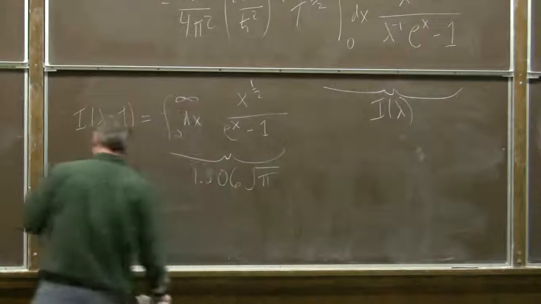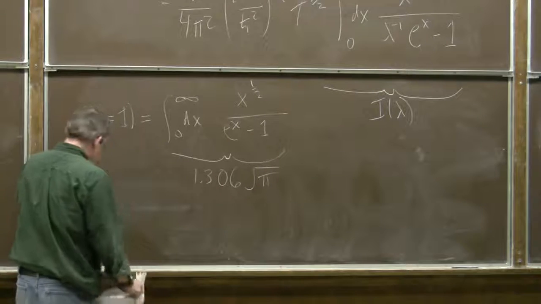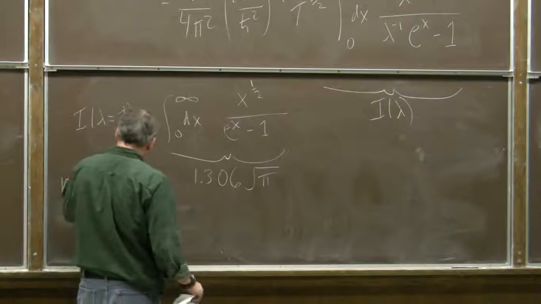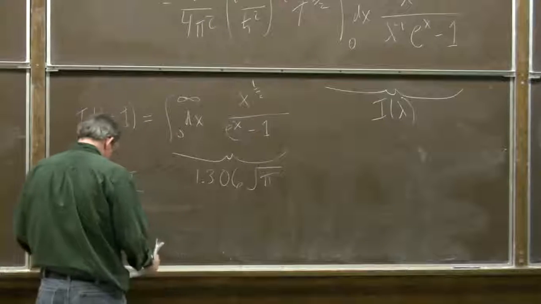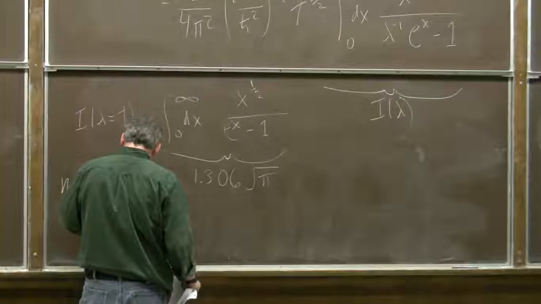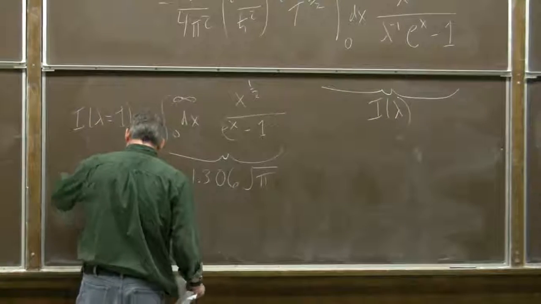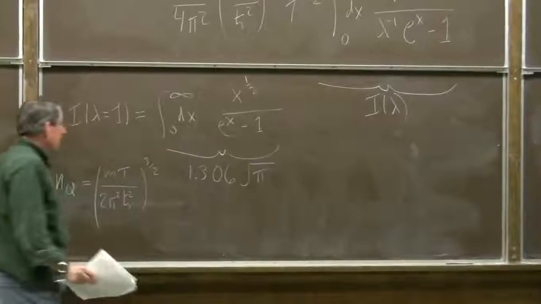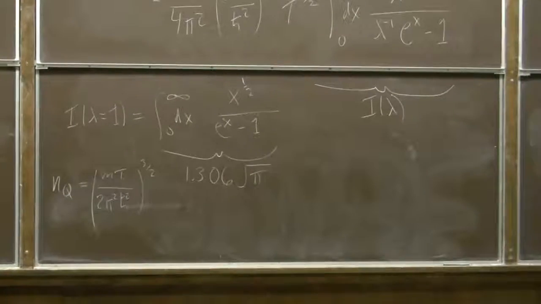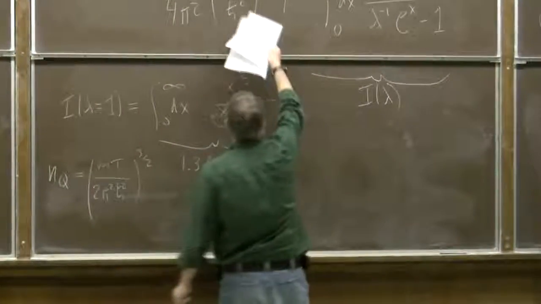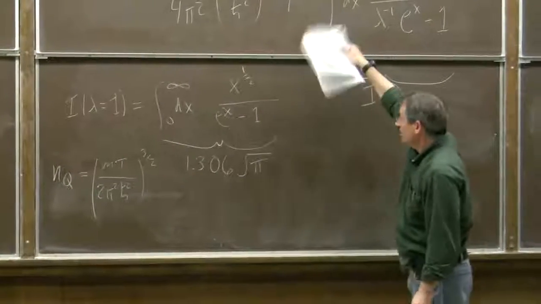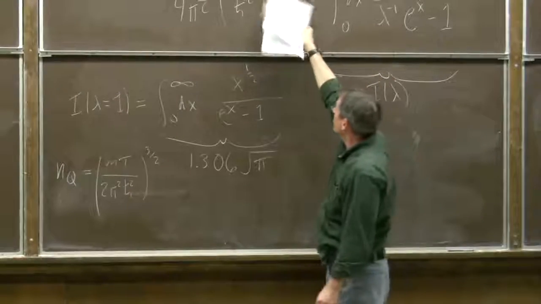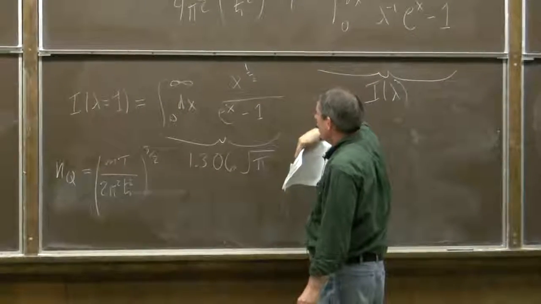So remember, the quantum concentration we have defined as mass times temperature divided by 2 pi h bar squared to the 3/2. And I've pretty much got that here because I've got a mass to the 3/2 and a tau to the 3/2 and an h bar squared to the minus 3/2.